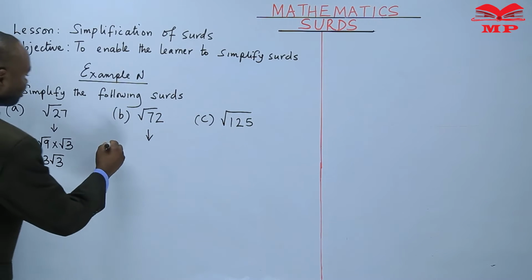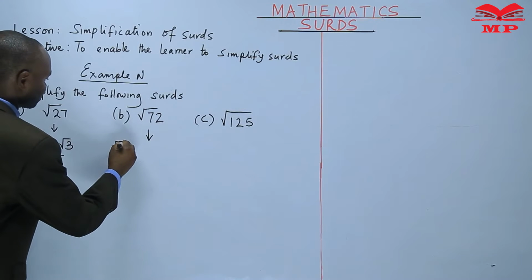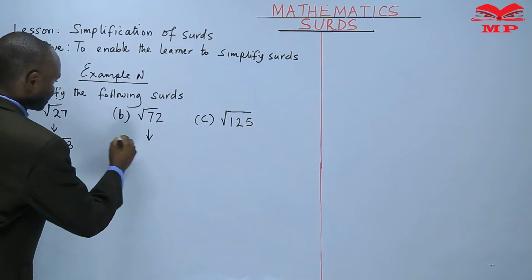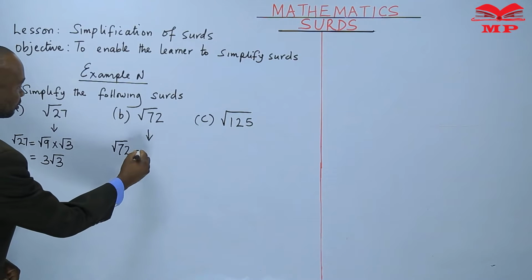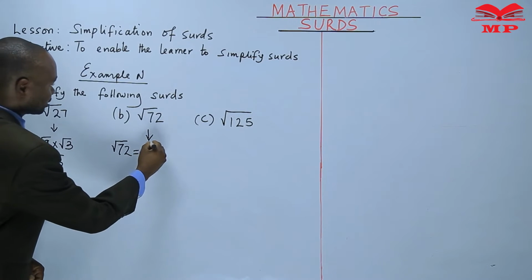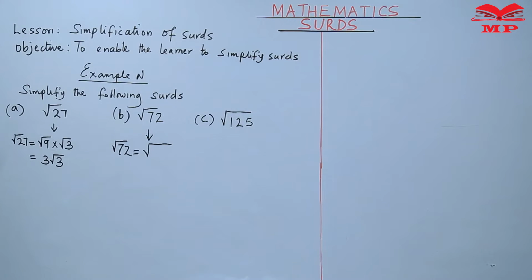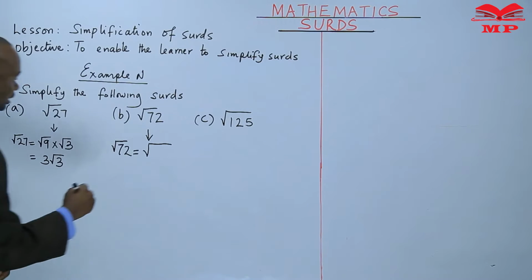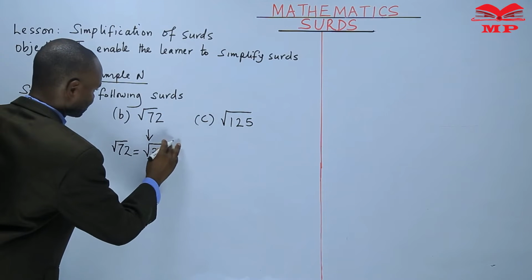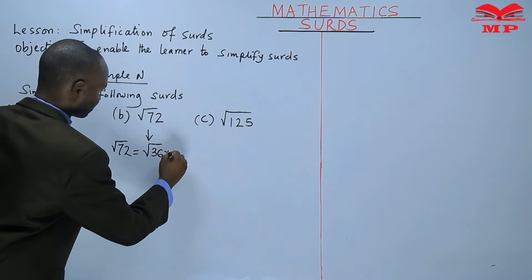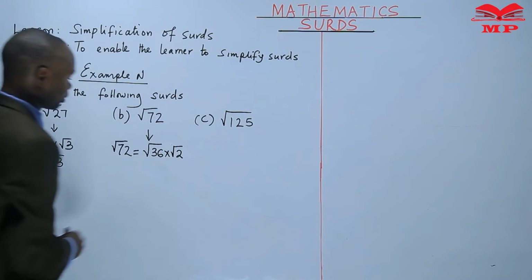So you'll say square root of 72, learner, will be equal to square root of, you start breaking, 36 times square root of 2.